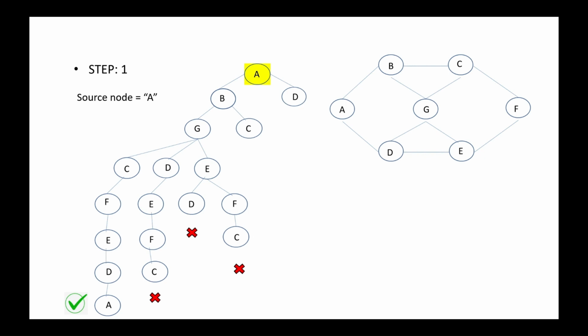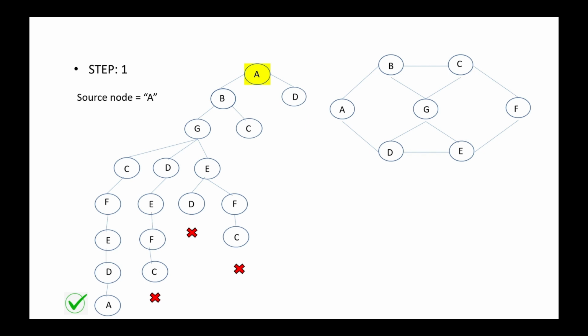Let us consider the other child of G, vertex D. D has three adjacent nodes. One is A, G, and E. G is already visited and A is also already visited. So we write E. For E, there are three adjacent vertices.